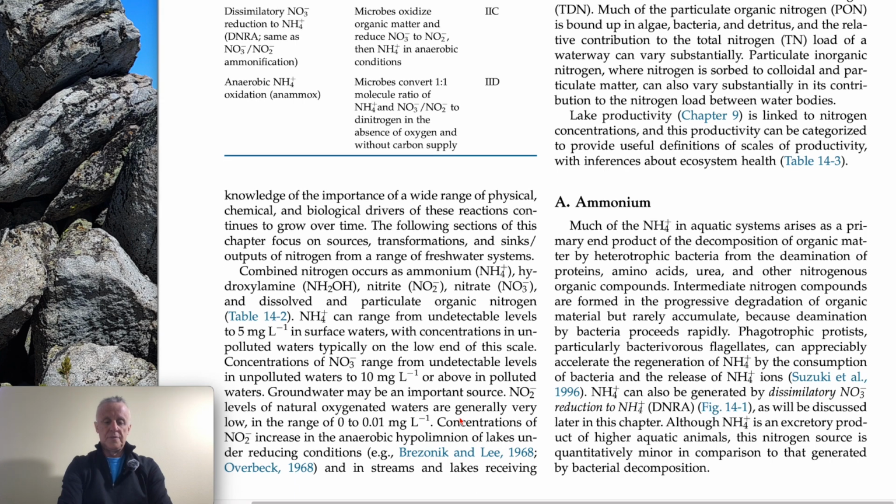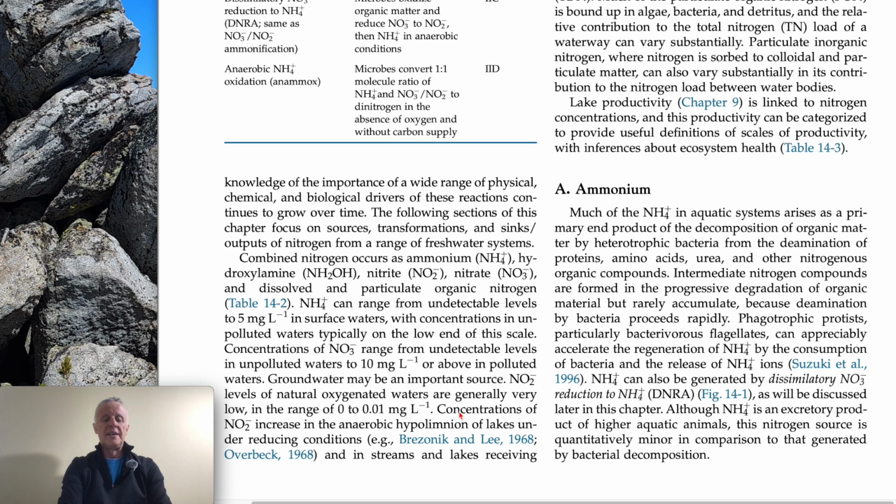In surface waters, with concentration in unpolluted waters typically on the low end of this scale. Concentration of nitrate range from the undetectable levels in unpolluted waters to 10 milligrams per liter or above in polluted waters. Groundwater may be an important source.